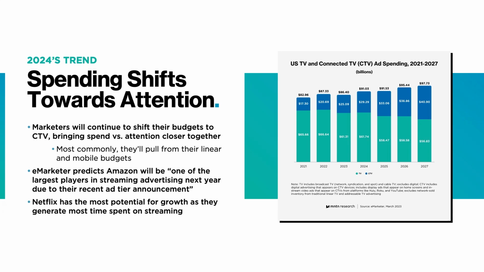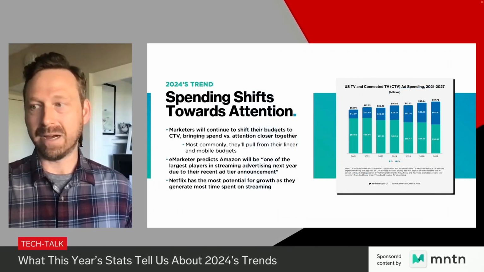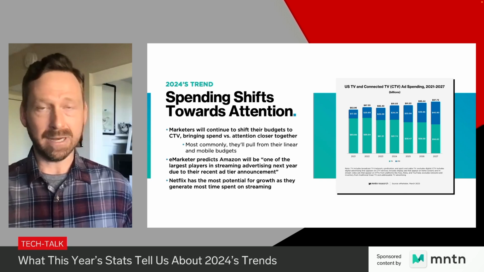And so, we have continued events happening in the industry overall. On the slide here, we flagged that Amazon is launching more ad-supported options. They're going to have a ton more inventory. That is going to see ad spend increase just because there is more lucrative inventory available for marketers to soak up.